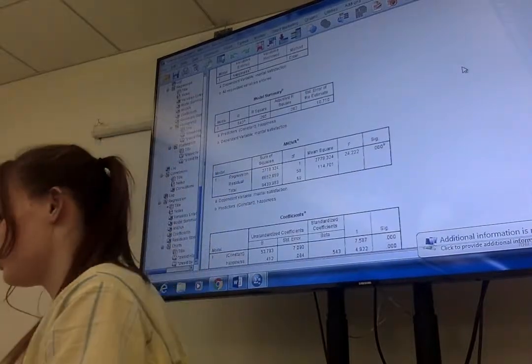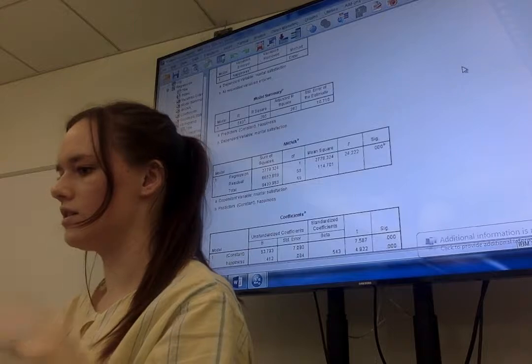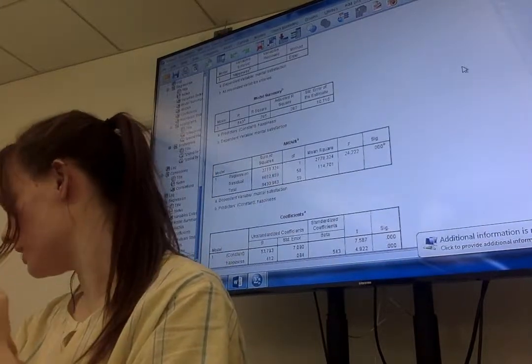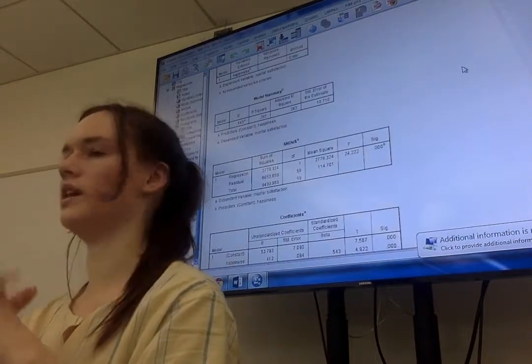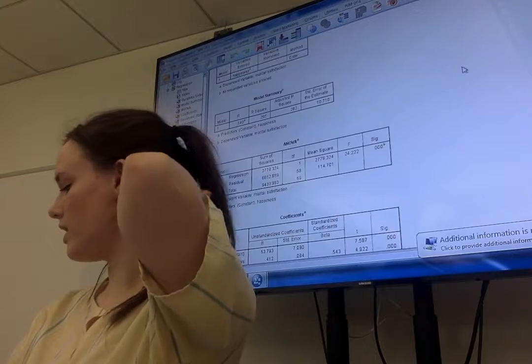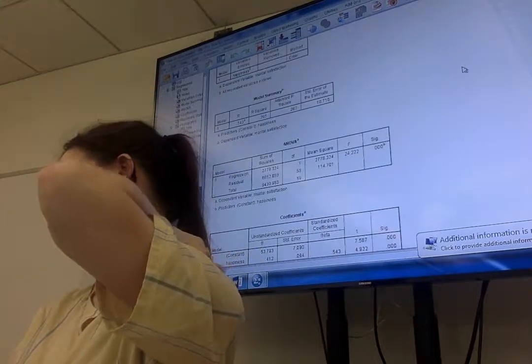So when we are reporting the results of our regression, we're going to want to put the R squared and the adjusted R squared to show how the variables are related to one another, and then the p-value as well. Am I making a mistake here? I think we have it backwards. Yes.